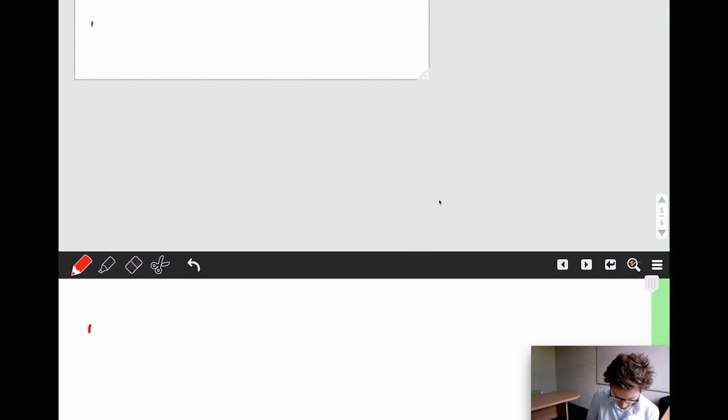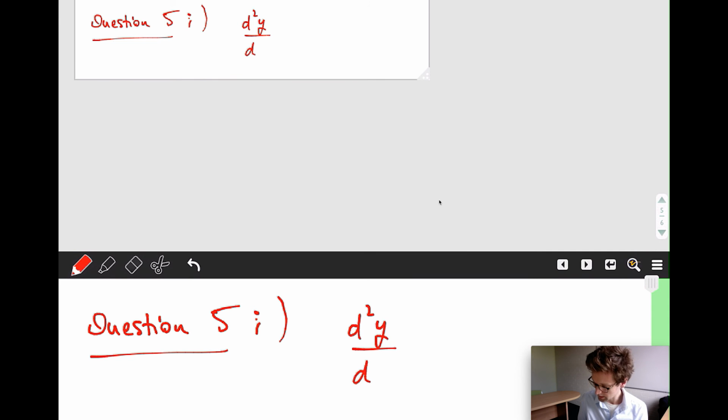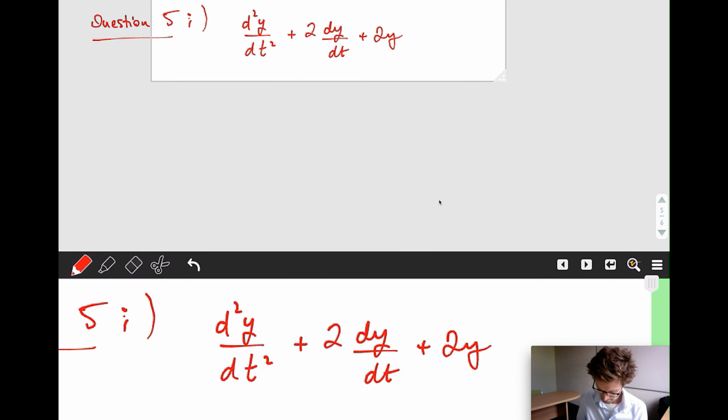So question 5, part 1. We're looking for the solution of d squared y dt squared plus 2 dy dt plus 2y is equal to sine omega t.